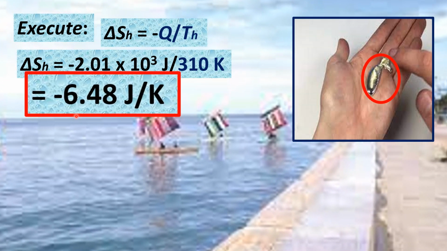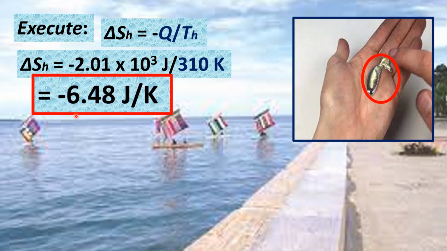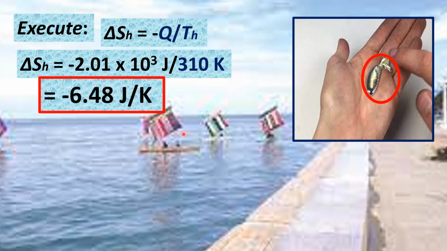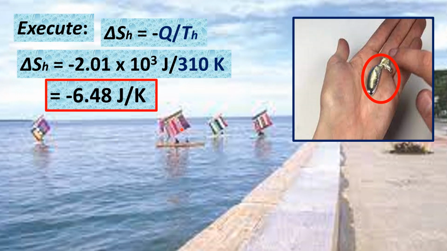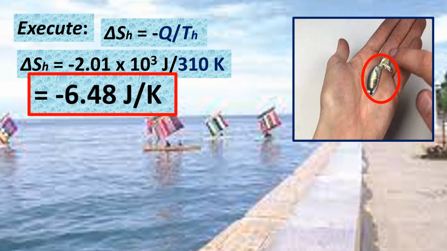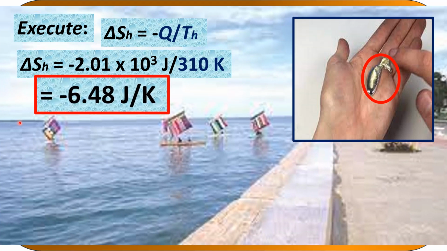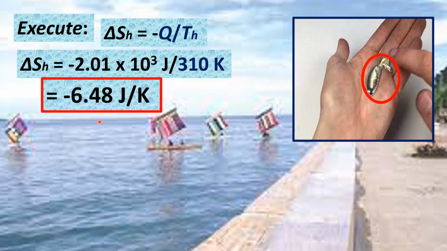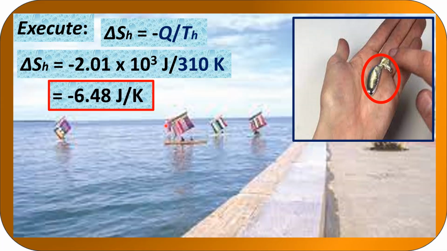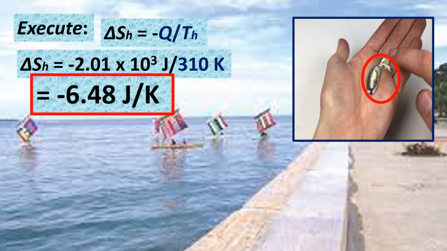So the meaning of the negative change in entropy is that the hand, when it releases energy, its entropy is decreased.